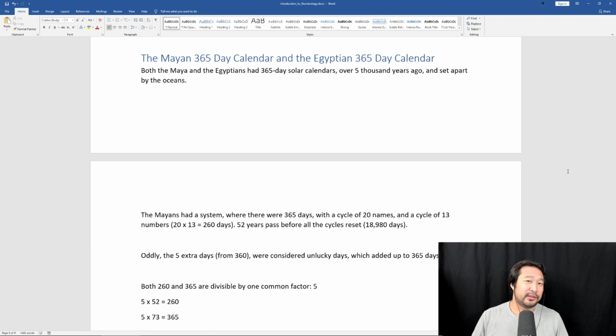Somehow the Catholics knew that the Earth orbited the sun in 365.25 days. And then after all that time, with all this technology, it hasn't changed.